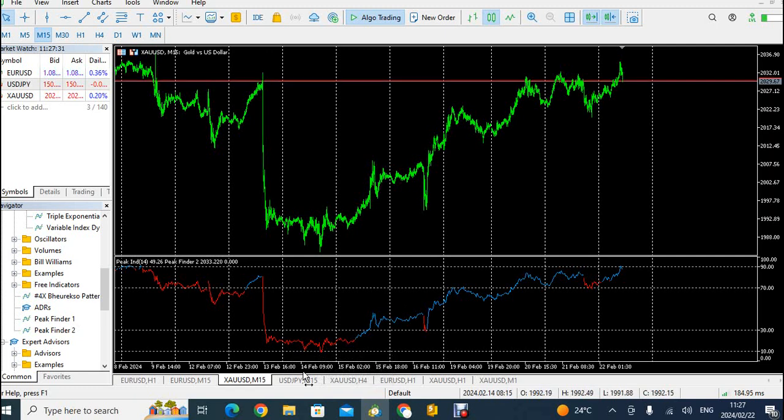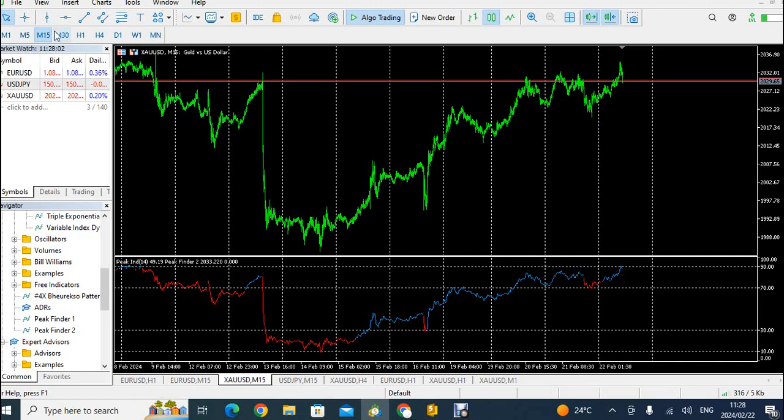When there is a downtrend, it turns red. When there is an uptrend, it turns blue, and when it's about to turn, it hits the 10 level. And when it's about to turn at the top, it hits the 90 level. So those are the two things that I look at, just that, the trend and the level.